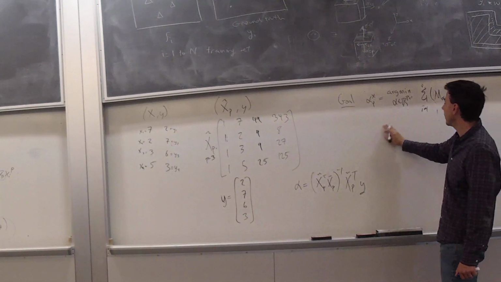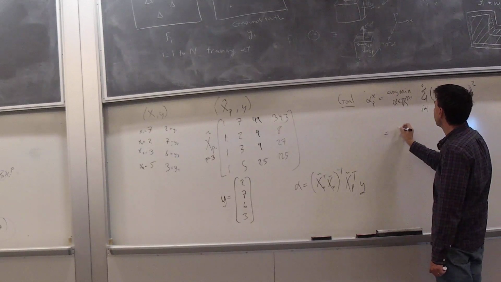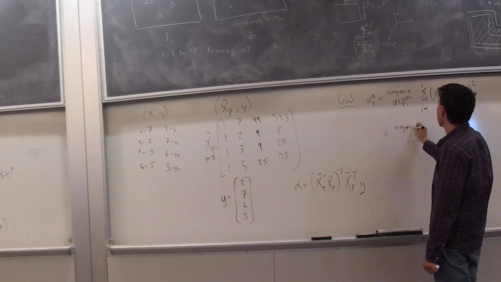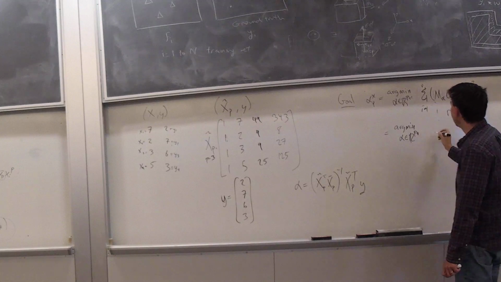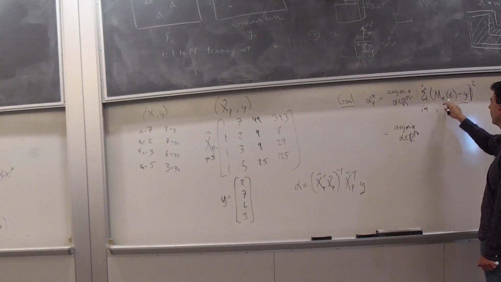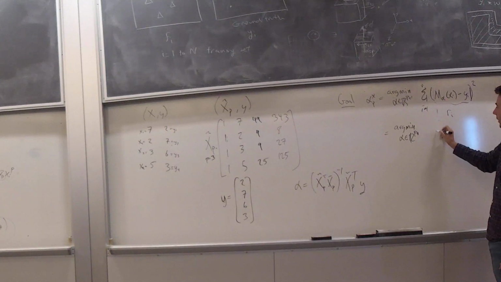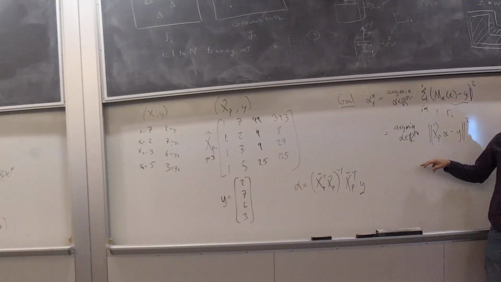Okay, and I can write this in matrix form. This is equal to arg min over alpha in R^(p+1) of x tilde p alpha minus y, squared, because this is a dot product.